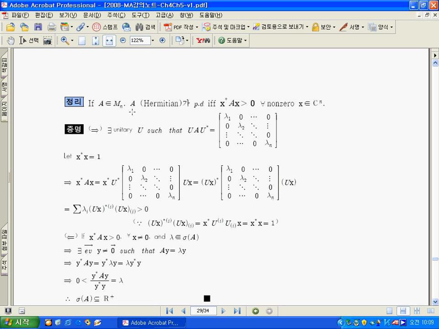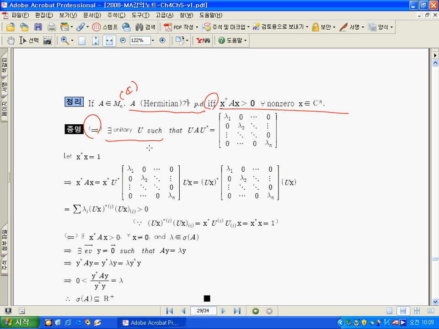A Hermitian matrix A in Mn(C) is positive definite if and only if X star AX is positive for all non-zero vectors X. Okay. Here is the proof.